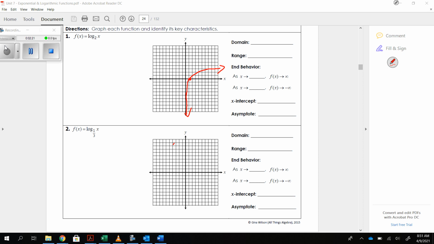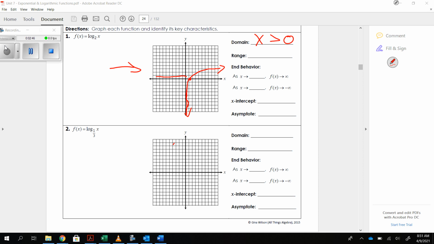Our domain, remember, is x, so it's going across this way. The graph is not here, the graph is not here. We hit 0, and then we see the graph. So the domain is x is greater than 0. It's not equal to 0 because if you notice, it never actually passes 0.